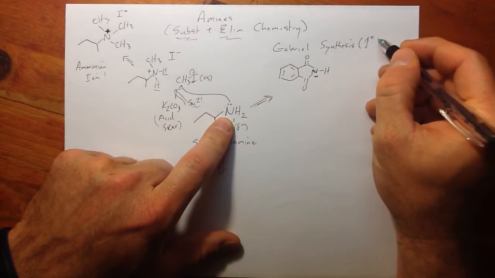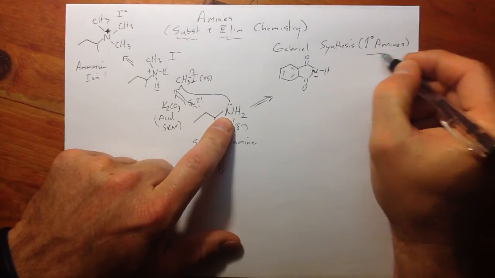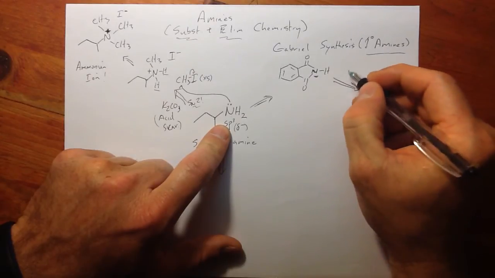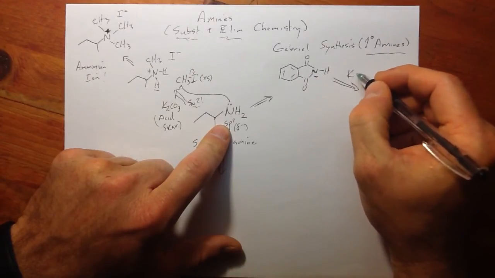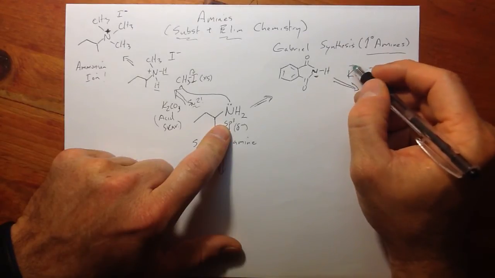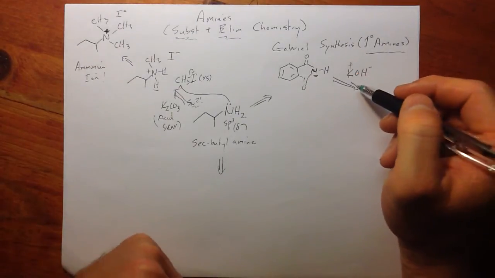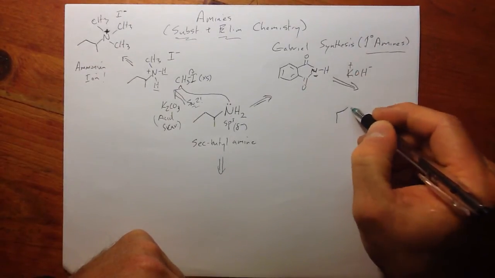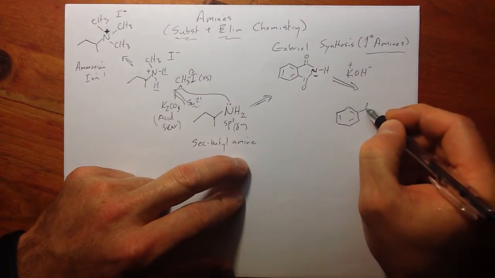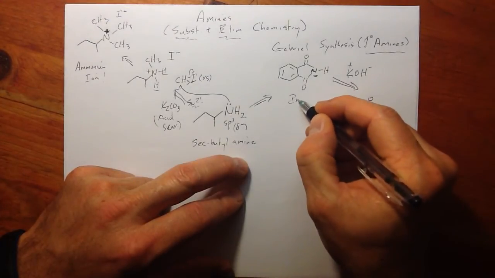So we can make primary amines, meaning having just 1 carbon off of them. The way we can do this is we can take a base, and it doesn't have to be really strong. We can drive the reaction with KOH here. And if we had trouble with the attack of this carbon here, we could use a bulky base. But we can make the anion from this imide. It's called the imide. This is an imide.